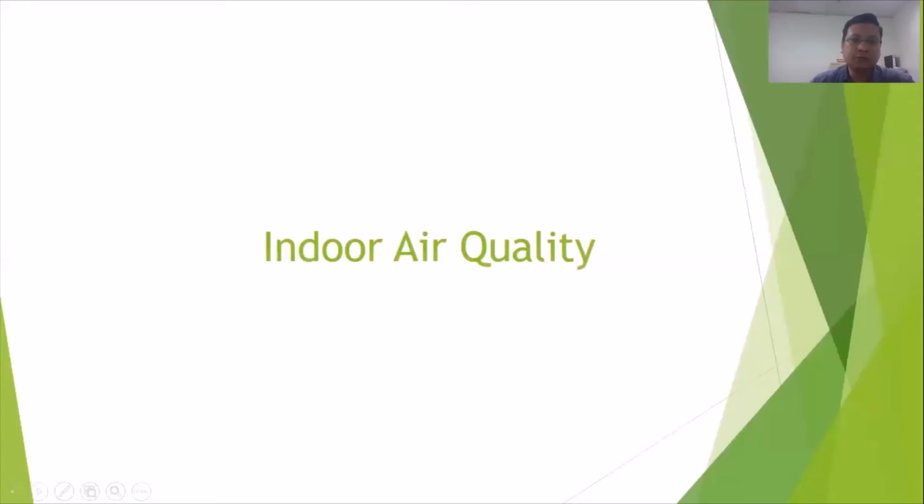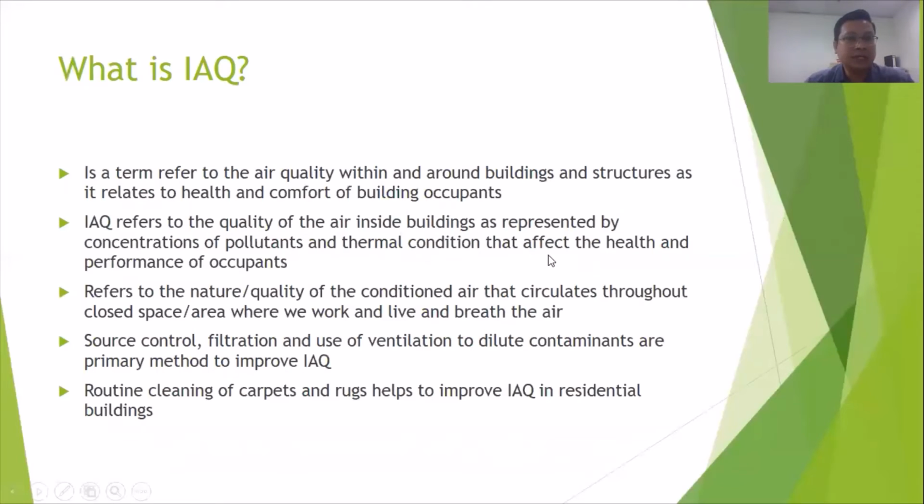So now we go to indoor air quality. Indoor air quality is a term referring to the air quality within and around buildings and structures as related to the health and comfort of the building occupants. So it relates to the occupant's health and comfort.